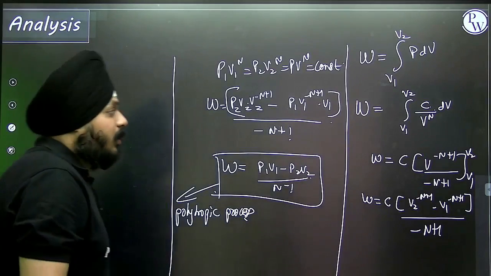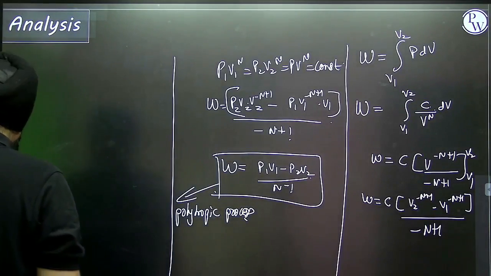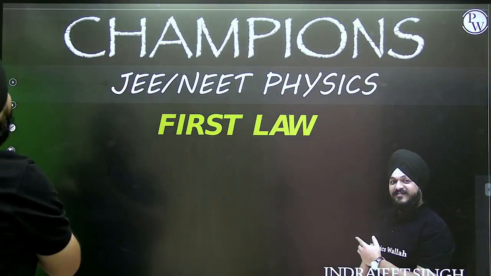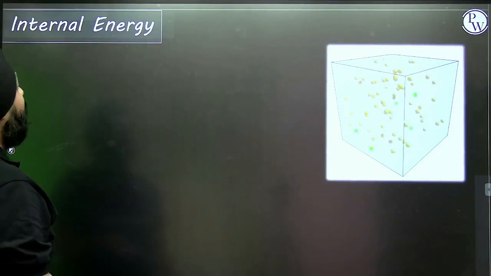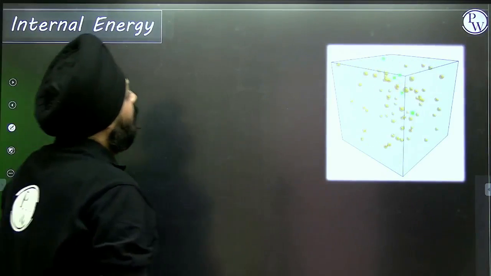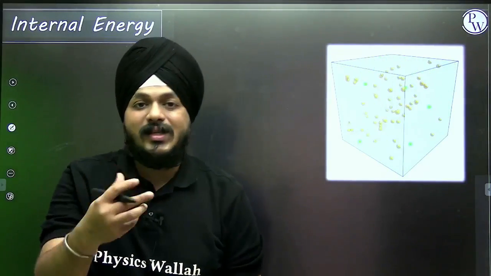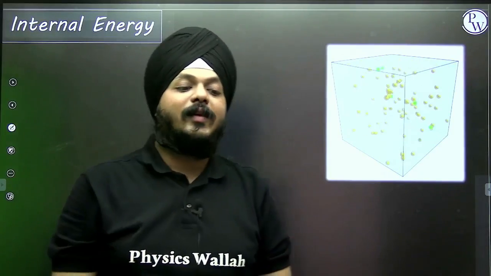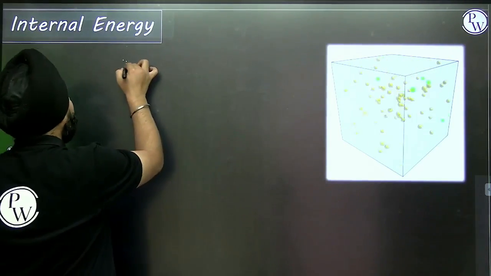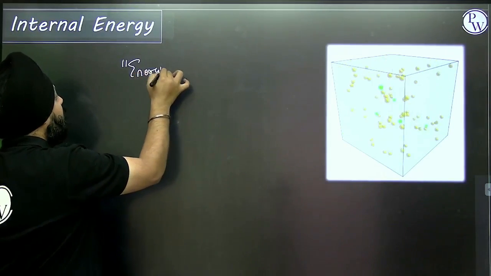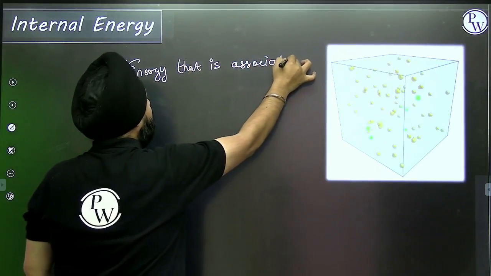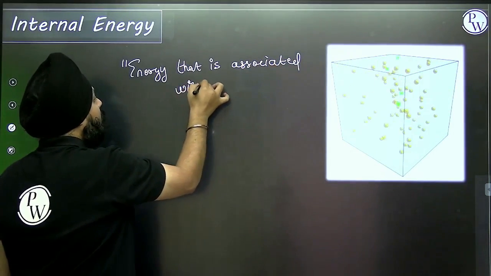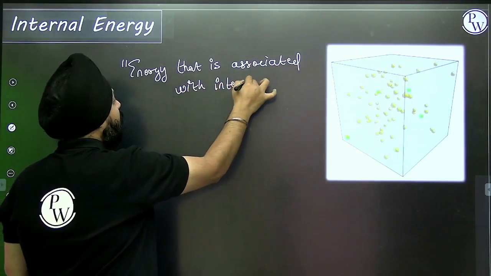Now after that, let's move on to the most important part, that is the first law of thermodynamics. Before moving on to the first law of thermodynamics and its relevant sums, first of all, let's identify what actually internal energy is. The energy that is associated with the internal configuration of the system.